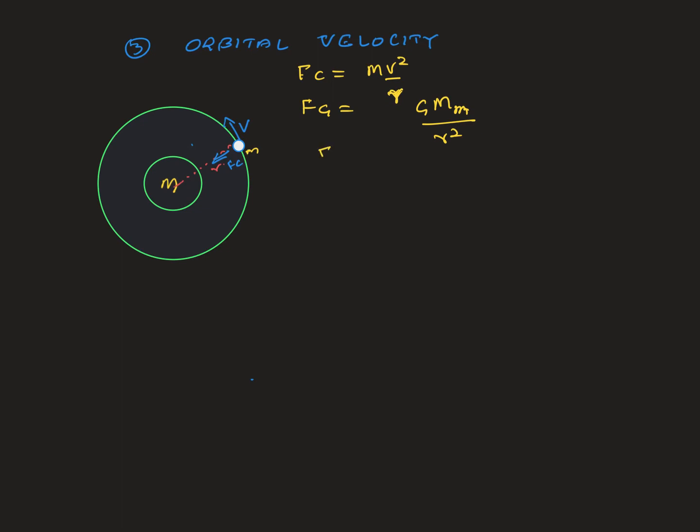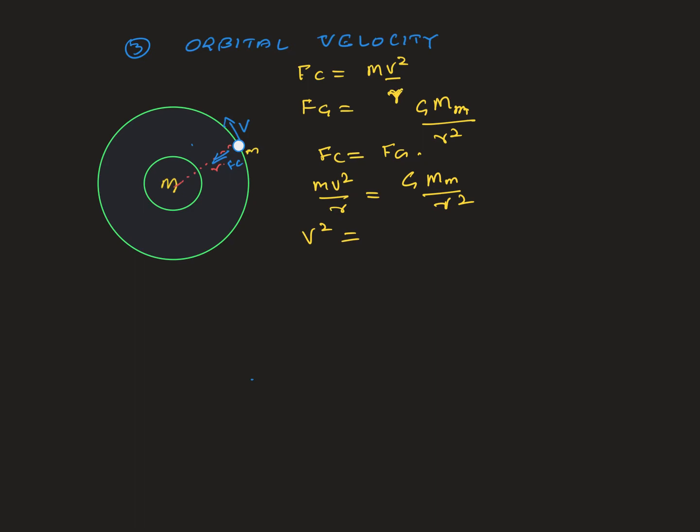So the centripetal force is provided by the gravitational force. That means m v squared over r is equal to GMm over r squared. From here, we can find out that v squared is equal to GM over r.